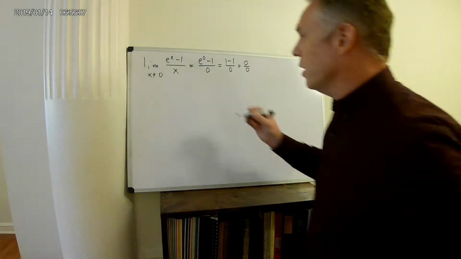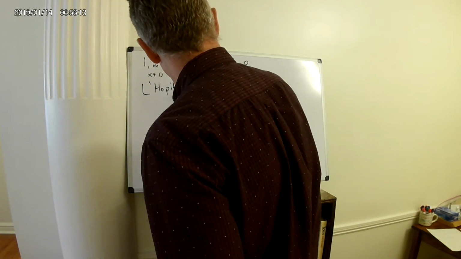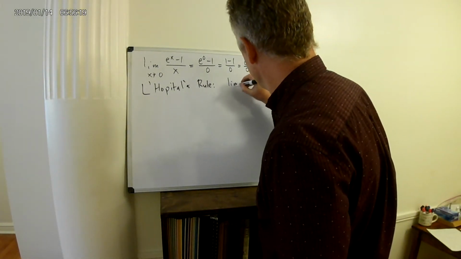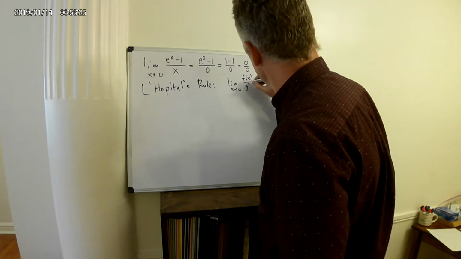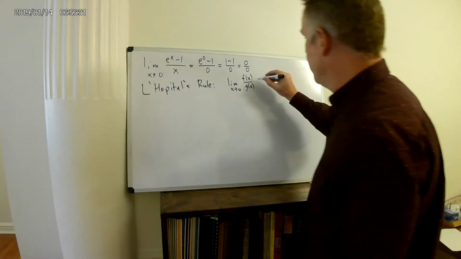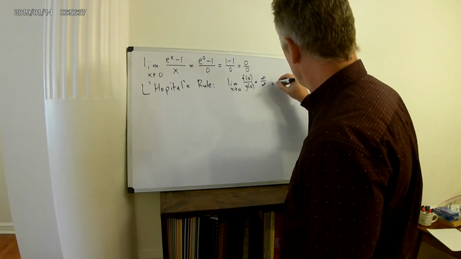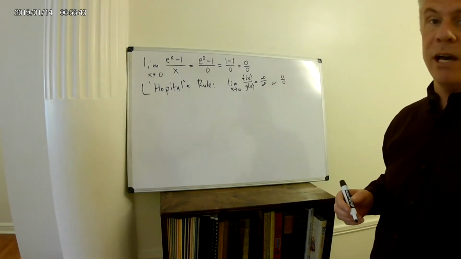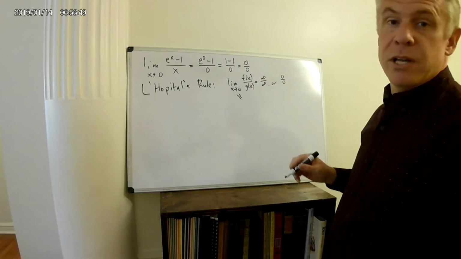This is where L'Hopital's Rule comes in. Basically what L'Hopital's Rule says is if you have a limit as x approaches a of f of x over g of x, so you have one thing divided by another, and this limit is indeterminate, either infinity over infinity or 0 over 0, then what we can do is take a derivative of what's upstairs and downstairs separately.